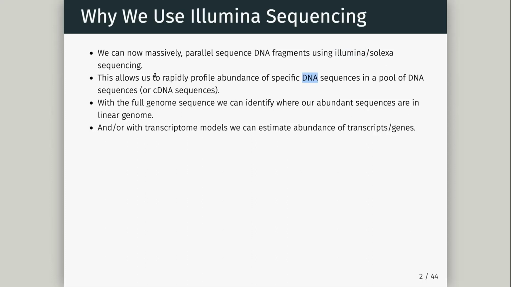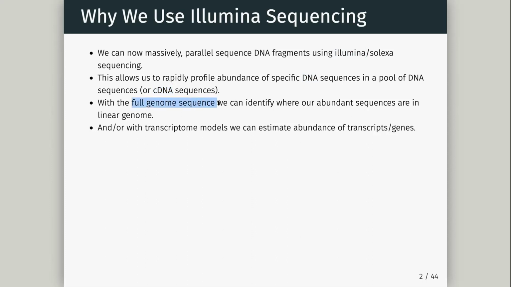So as long as we can make DNA fragments, be it from fragmenting our DNA, right, our actual genome, or in fact, making copy DNA, which is just a copy of the RNA, we can then sequence this and get an idea about the sequences in our pool of fragments.